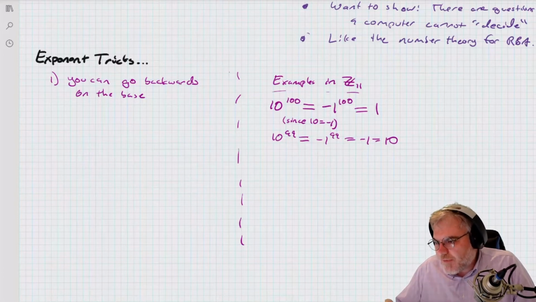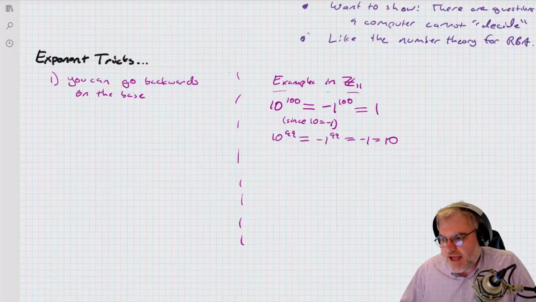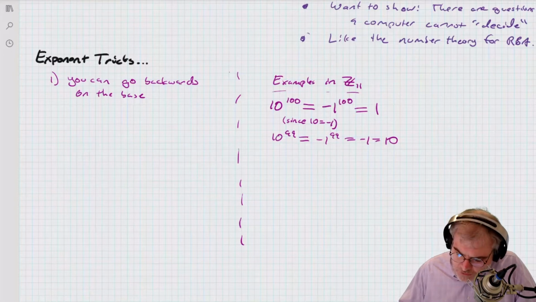So anytime I have an odd exponent, I wind up at -1, and every time I have an even exponent, I wind up at 1. Two, I can add exponents.